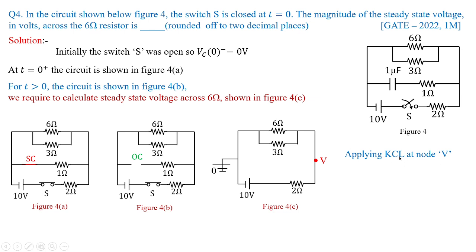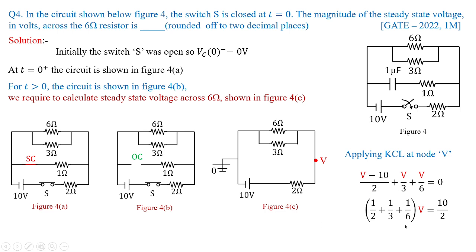Now, applying KCL at node V, it becomes V minus 10 by 2. This is the branch current over here, plus V by 3. The same voltage will be present over this particular parallel combination of 3 and 6. So V by 3 plus V by 6 equal to 0. I take V outside.